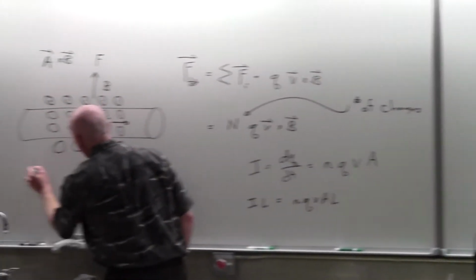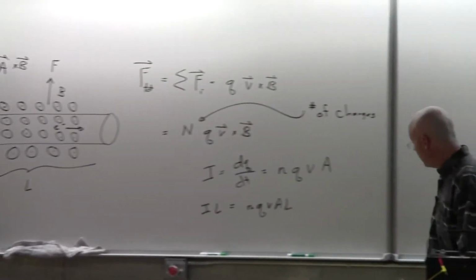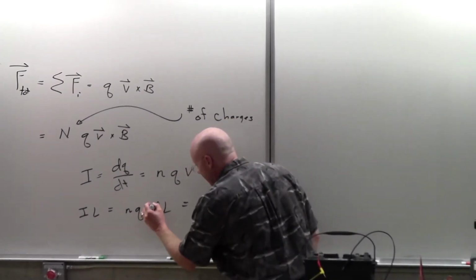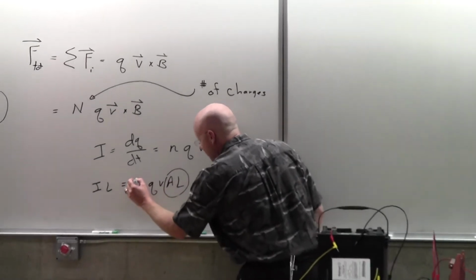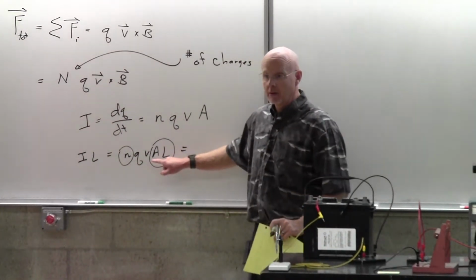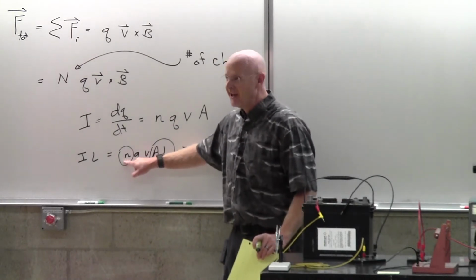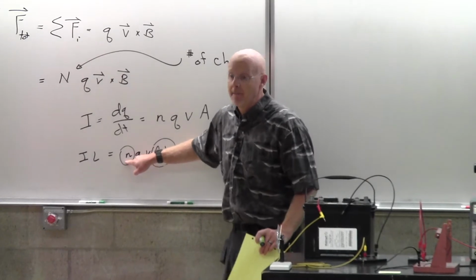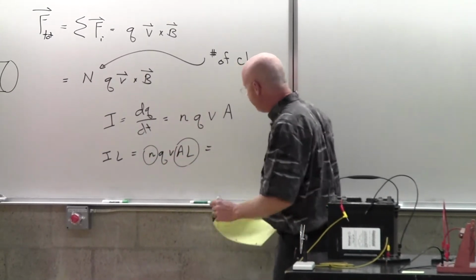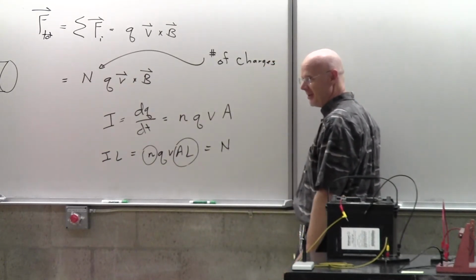And so if this wire had a length L, then, of course, I would get that factor with that factor. And that's the interesting part. What's this factor? That's the volume. And what was little n again? The concentration, the number concentration. So when you put all three of these together, what are you going to get? The number of electrons there.